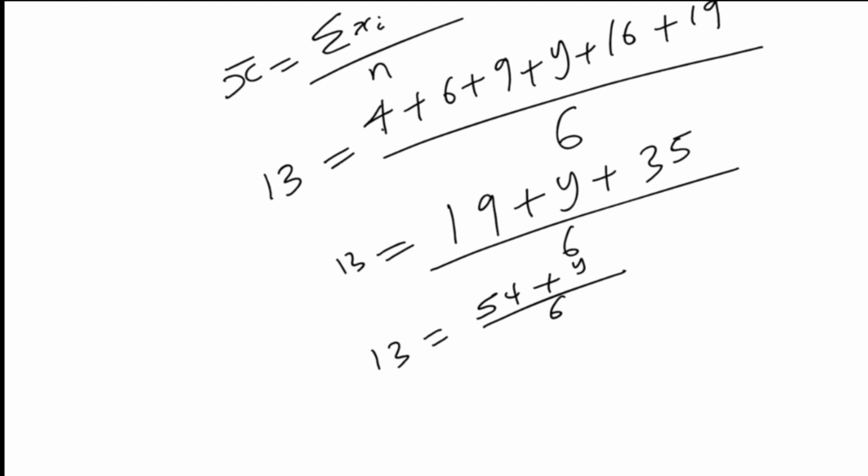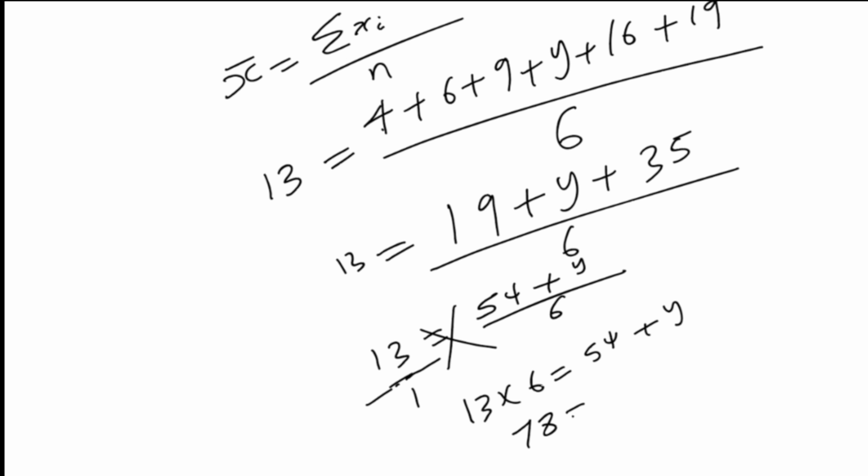Now we are looking for the value of y. You agree with me when you cross multiply. You say this one all over 1. You cross multiply. You have 13 multiplied by 6 equals 54 plus y. So 13 multiplied by 6 is 78, equals 54 plus y.